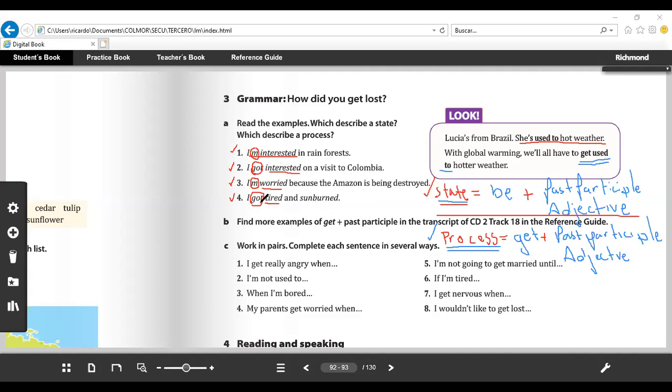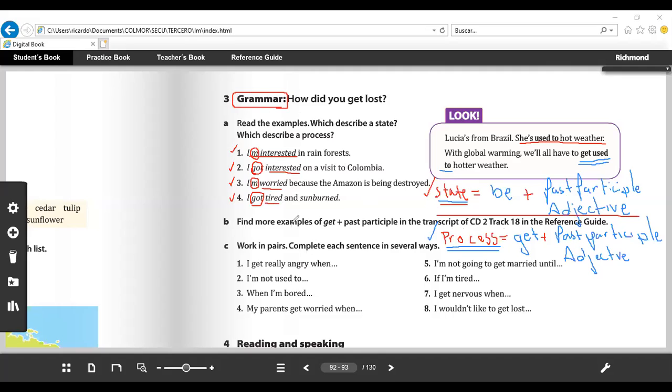This one means that the person probably went to Acapulco, and after playing and visiting many places, at the end of the day, this person is going to express this: I got tired and sunburned. It's a process, because it took this person all day to get tired. Okay, state and process. That is the information that we have to learn today for your grammar book.